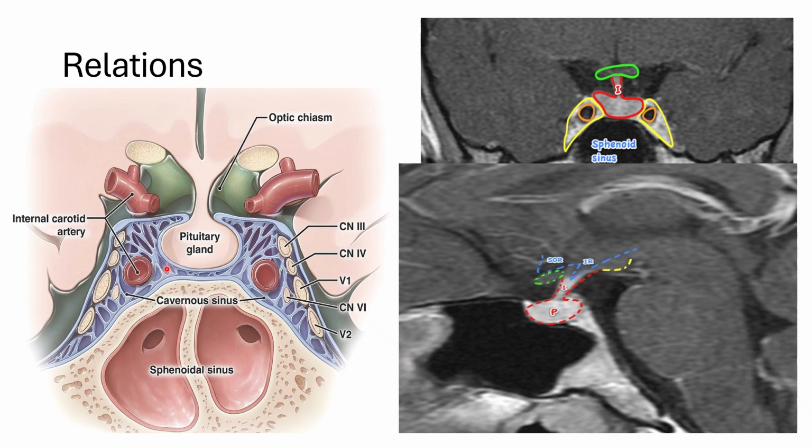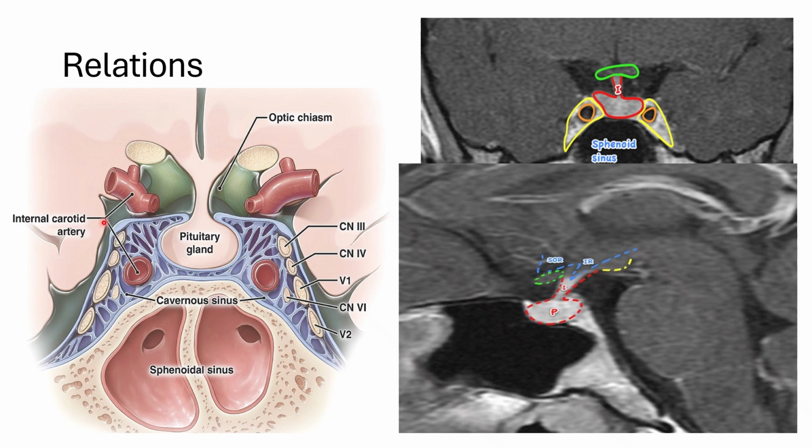Laterally, on either side, there are the cavernous sinuses. These cavernous sinuses contain the cavernous part of the ICA and the cranial nerves: cranial nerves 3, 4, V1, V2 segments of cranial nerve 5, and cranial nerve 6.